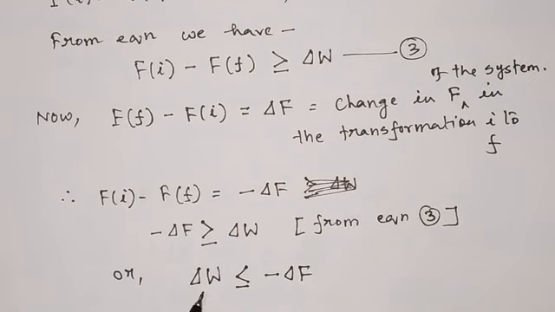So the work done in the isothermal process is less than or equal to the negative change in this new function F.